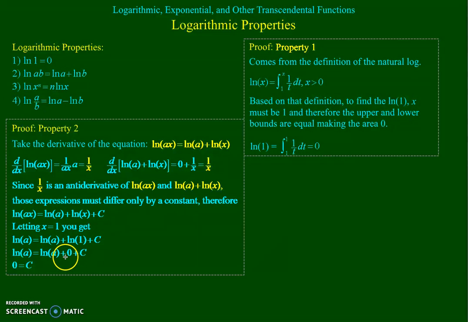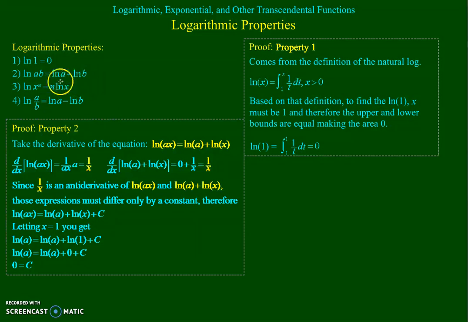Clearly, if we subtract ln of a from both sides, then c is equal to 0. Going back to this expression then, if c is 0, then ln of ax equals ln of a plus ln of x. So there is property 2.